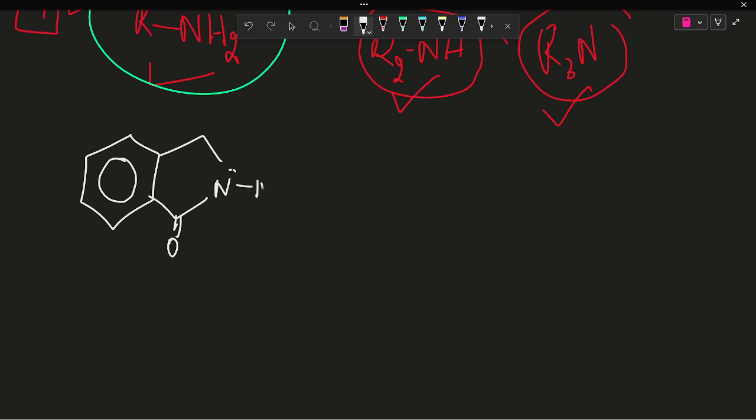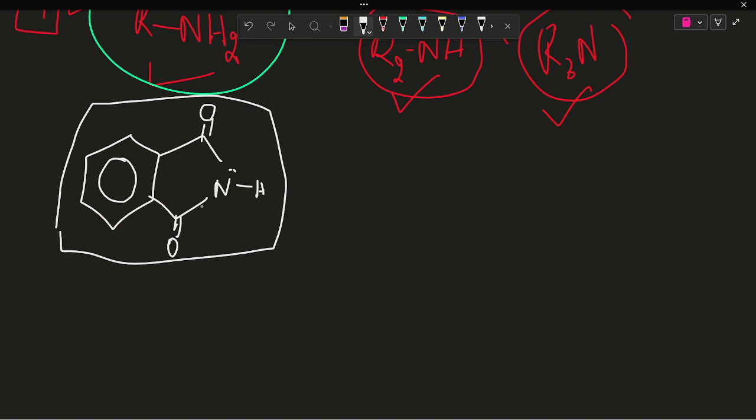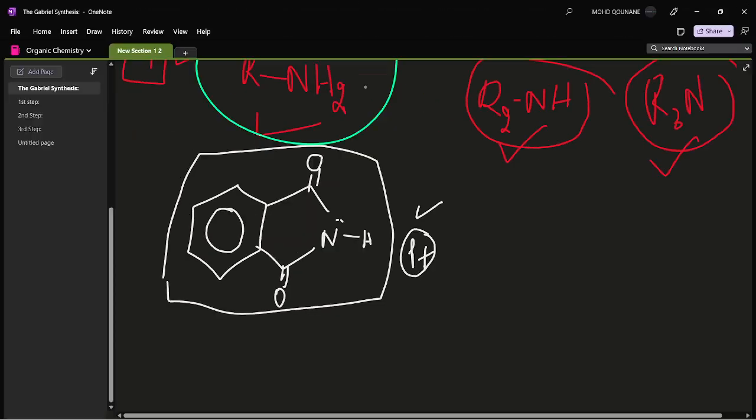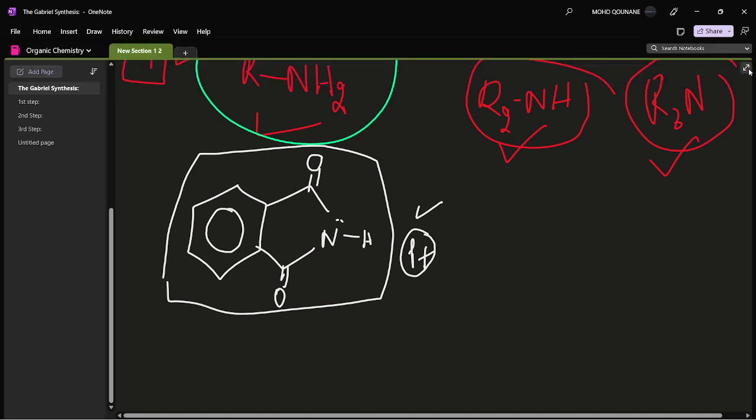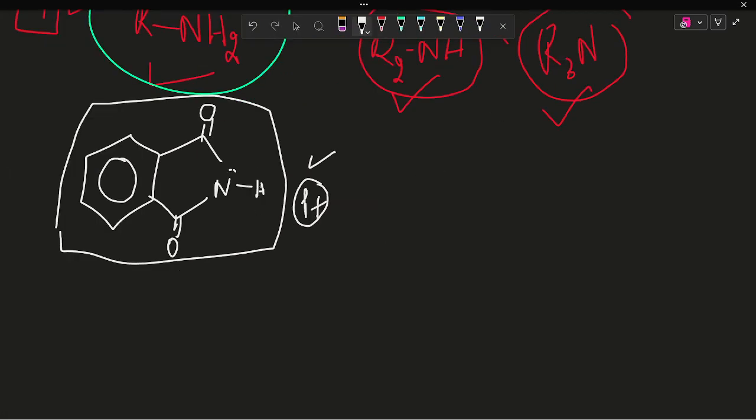Here you see the phthalimide molecule. This is the molecule that we use as a starting material, called phthalimide, PT for short. Now this phthalimide molecule has two properties that make it very special.